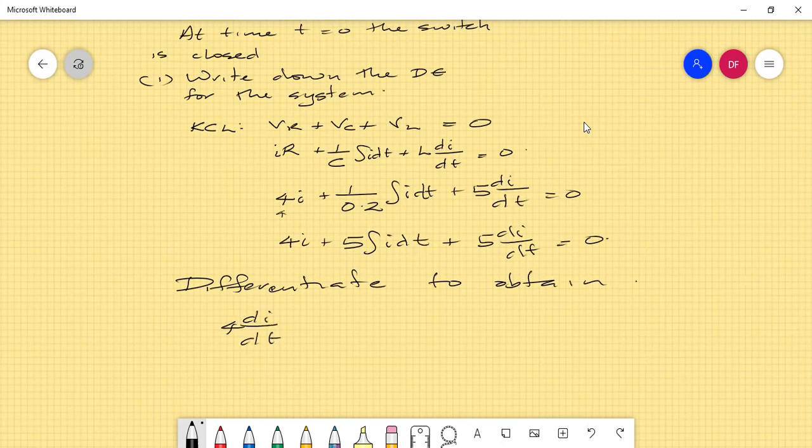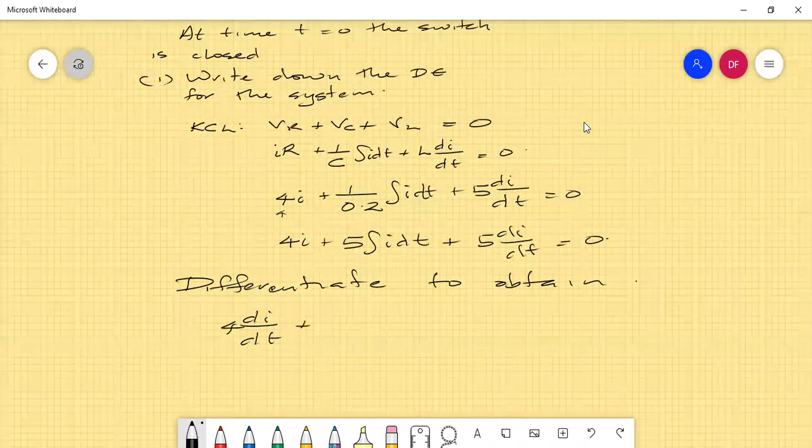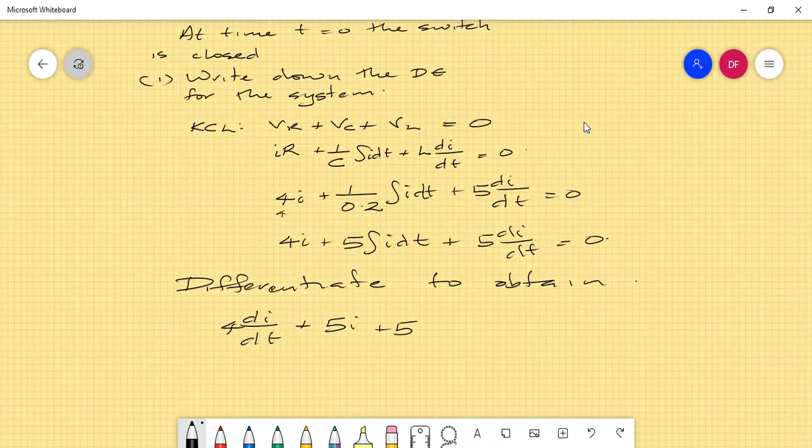When we differentiate an integral, basically we end up with the function itself. Differentiation is the opposite of integration, so we cancel everything and this is going to be 5i. And then we differentiate the derivative, so that's going to give me the second derivative, d2i by dt squared, is equal to 0.